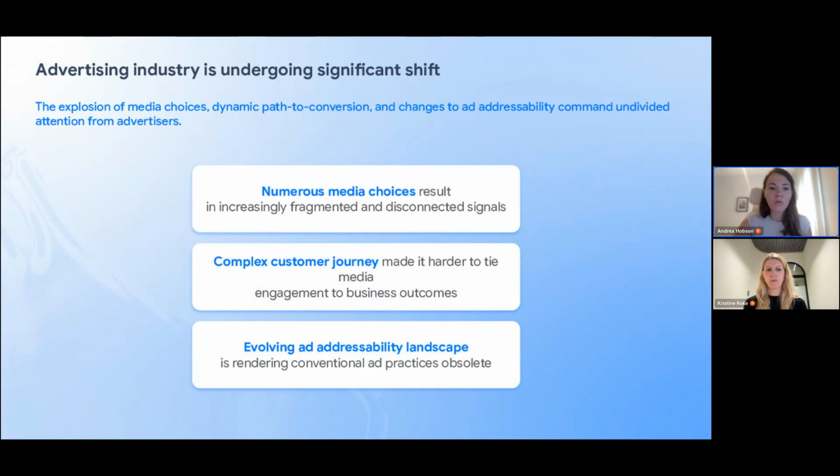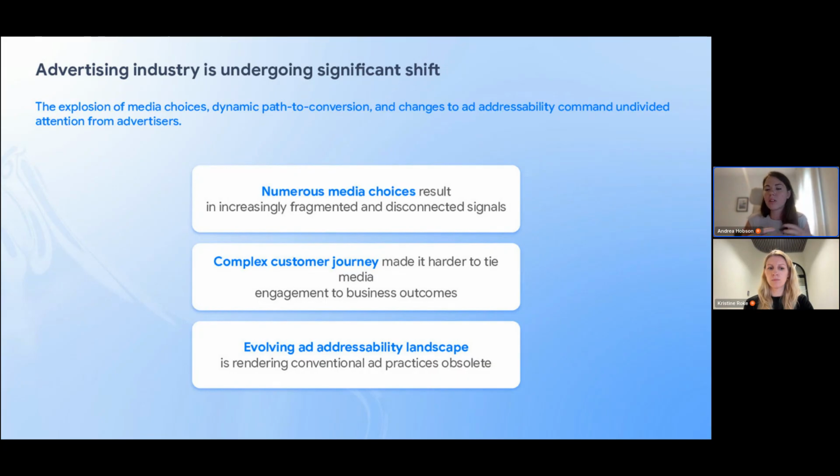Let me go first through some context. As you know, and this is a topic that we've been discussing through various webinars so far, the advertising industry is changing very fast.